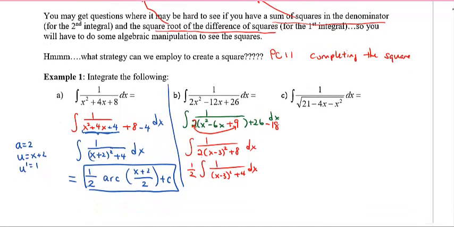Because now I hope you can see that u equals x minus 3, u prime equals 1, that's great, and a equals 2. So here we go, we still have the 1/2, but it's 1 over a, arctangent of x minus 3 all over a, plus c.